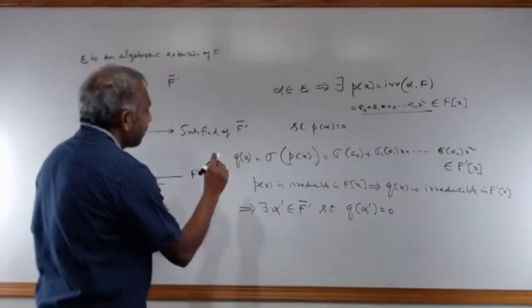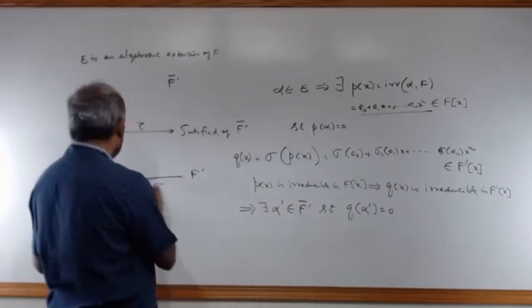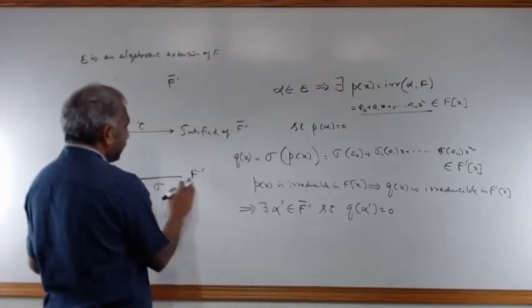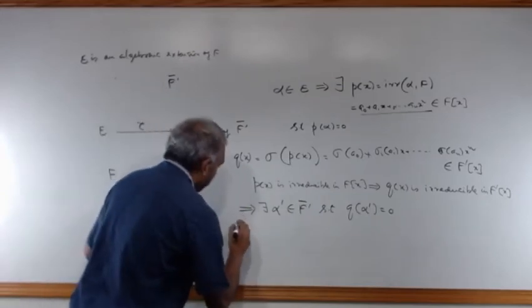Then we can think about a conjugate isomorphism. It's not actually a conjugate isomorphism because they are coming from two different fields, but it is a similar kind of thing.